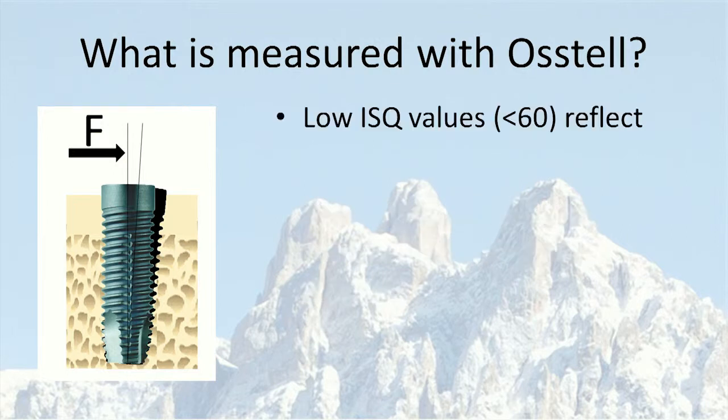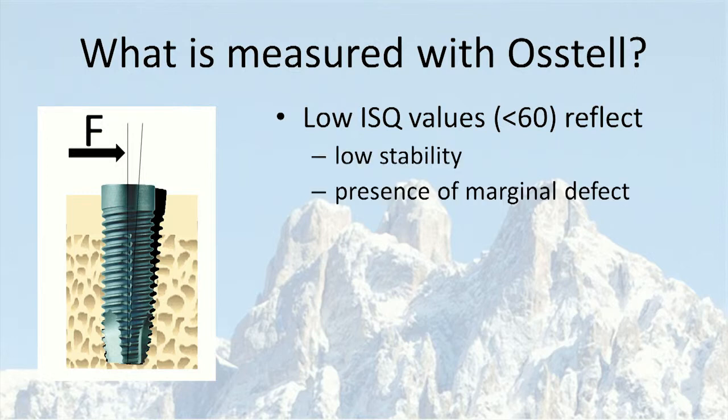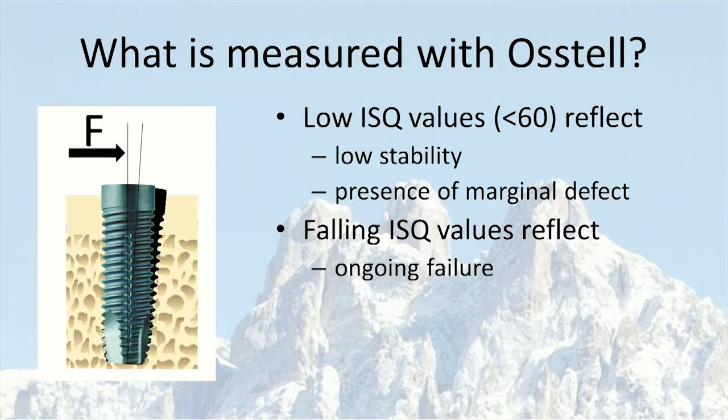So the interesting part when using Osstell measurements is the low ISQ values, let's say below 60. And they may reflect low stability. They may reflect the presence of a marginal defect or marginal bone resorption. And falling ISQ values may reflect an ongoing failure.